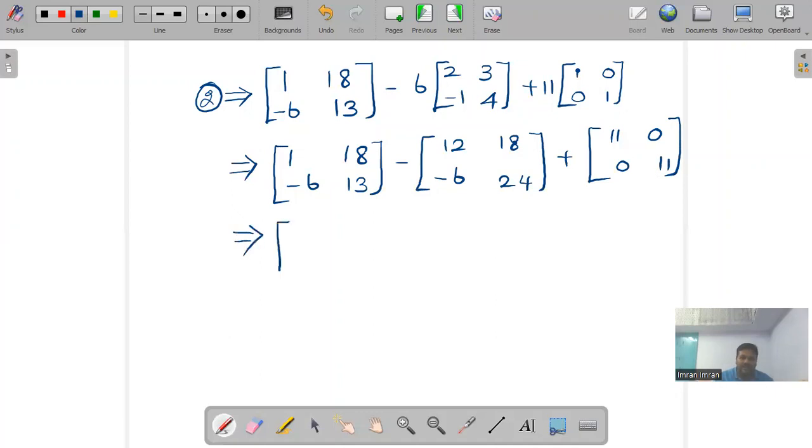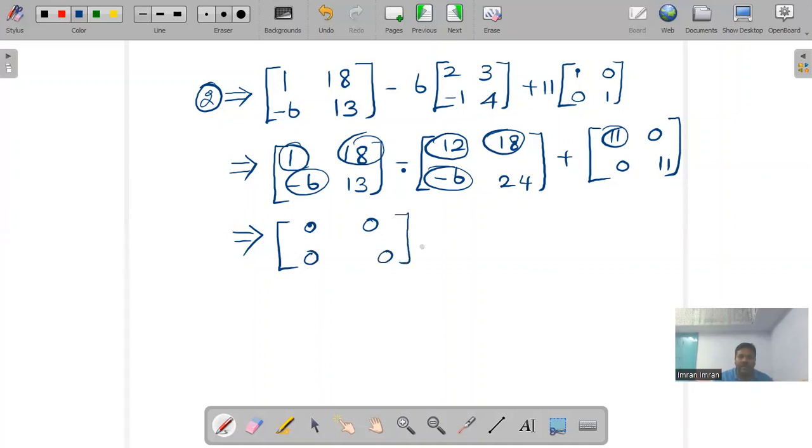The final result: 1 minus 12 plus 11, 0. 18 minus 18, 0. Minus 6 plus 6, it becomes 0. 13 minus 24 plus 11, 0. Now the Cayley-Hamilton theorem is finally verified.